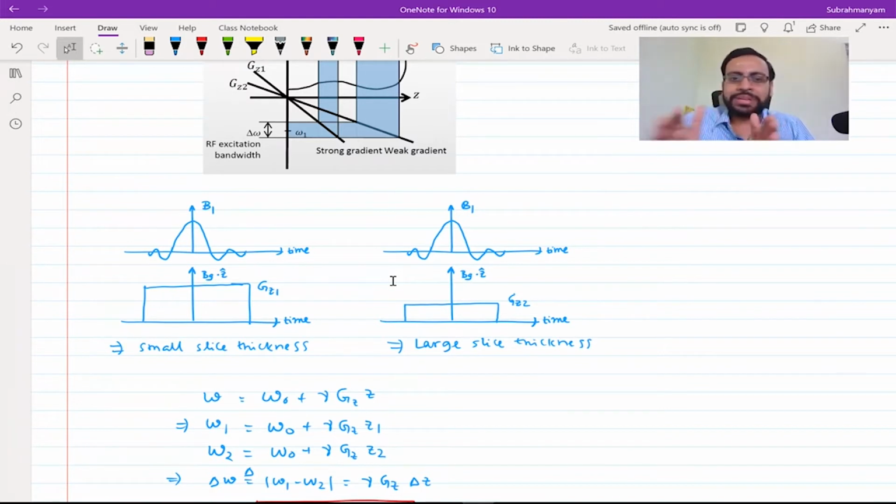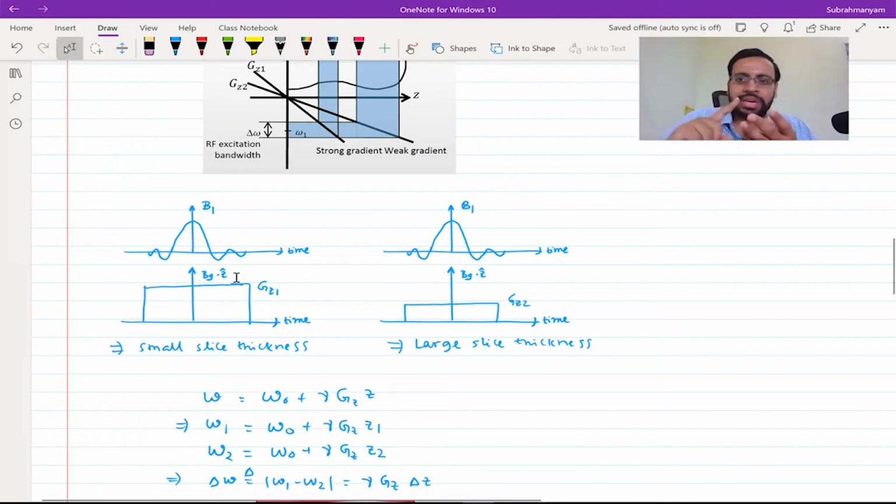Depending on that bandwidth, that decides the shape of the B1 RF field that you transmit, for example a sinc-like function. At the same time, you want different regions along the z-axis to resonate differently, so you apply a gradient field.